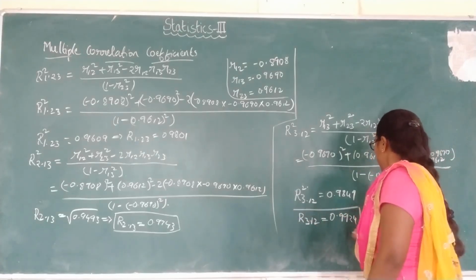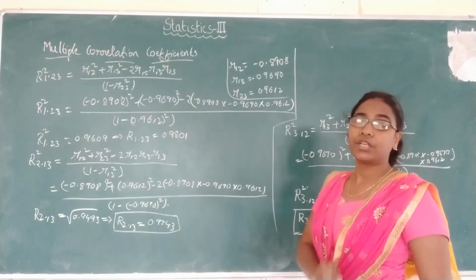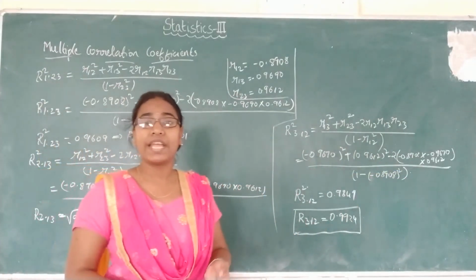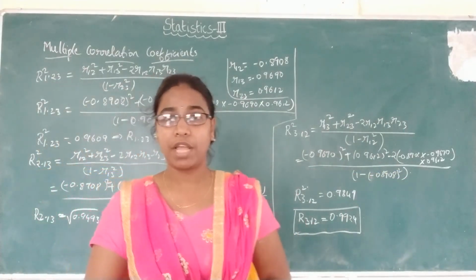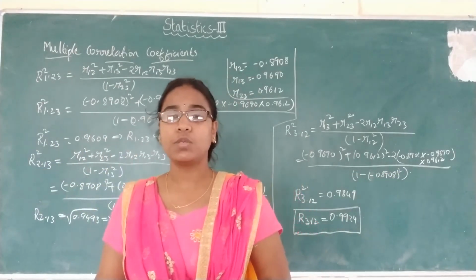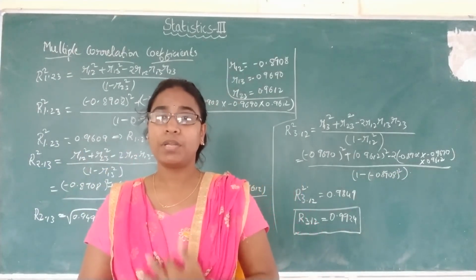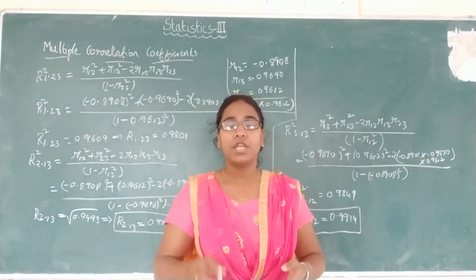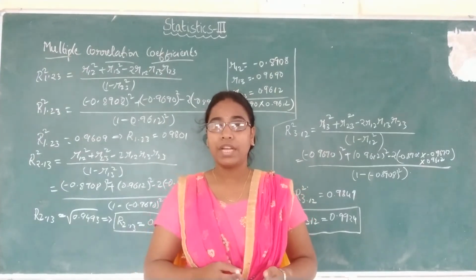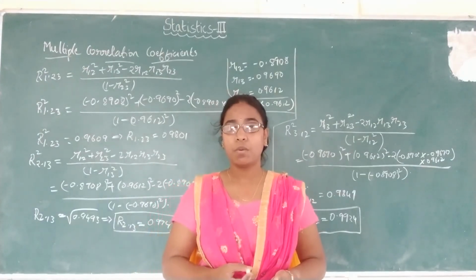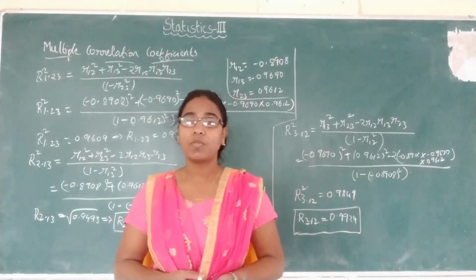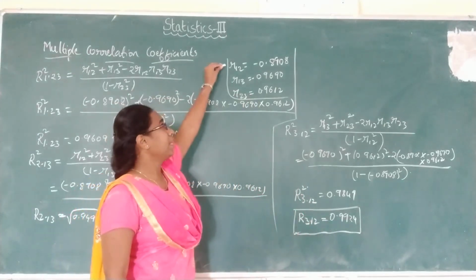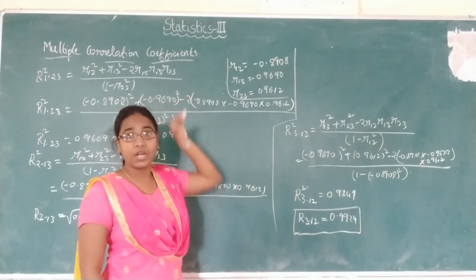So these are the required multiple correlation coefficients. Whenever you have trivariate data, sometimes the values will not be given directly. It's a practical problem also, applicable for the practical record. Whenever trivariate data is given, you find all the required covariances and standard deviations, and from those you find the required R12, R13 and R23 values.